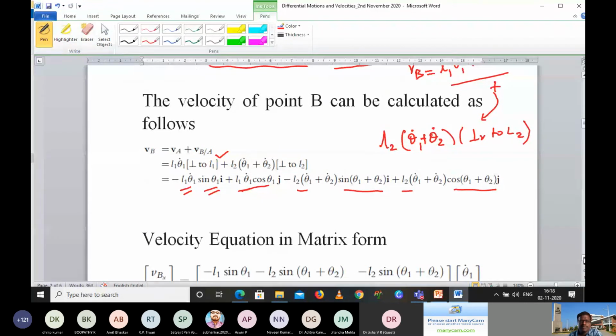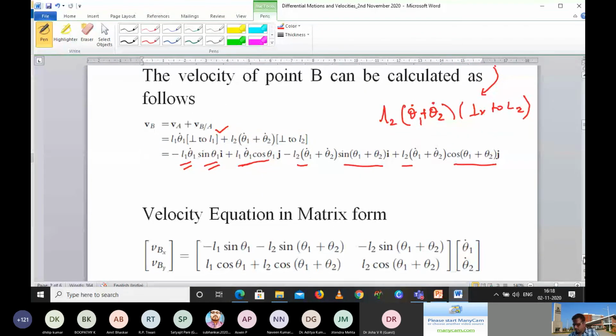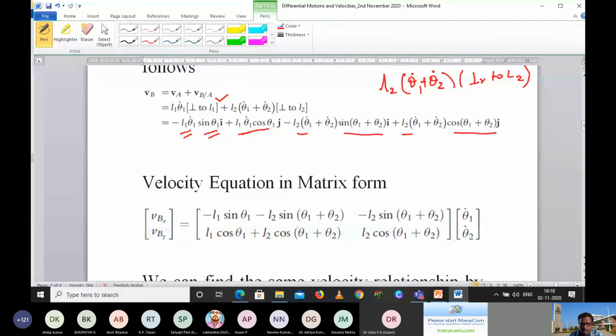You are going to help me, and you will say whether it is correct or wrong. If I am taking the x component alone, velocity VBX, in the matrix form we always have to separate theta 1 dot and theta 2 dot, because these are the velocity terms. So I am taking this particular equation and we are going to write it in matrix form.